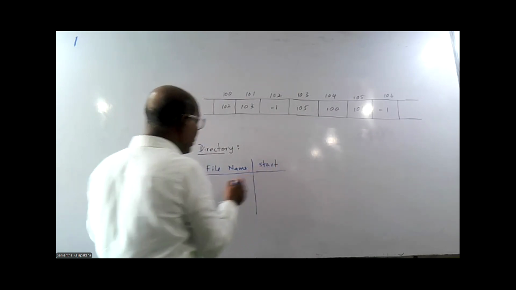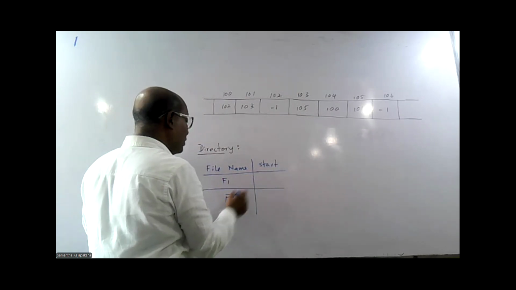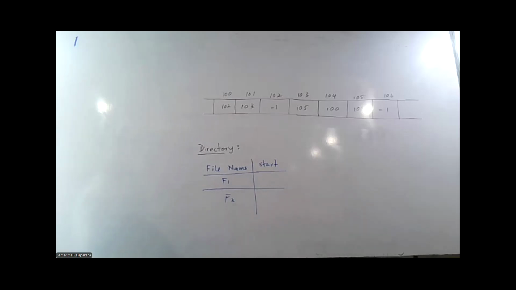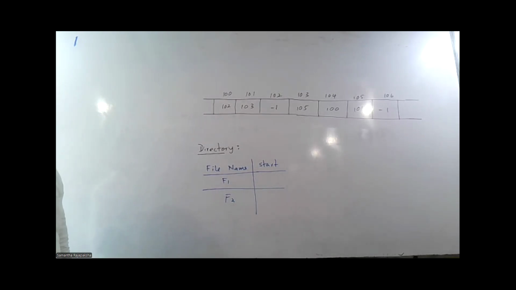We are asking for file 1 and file 2, what are the starting blocks? That's what we find. Now you can see here that -1 is the last block. You have to go backward actually.